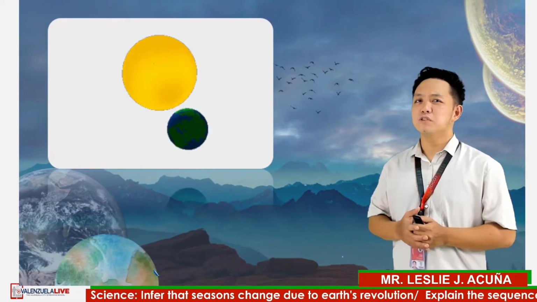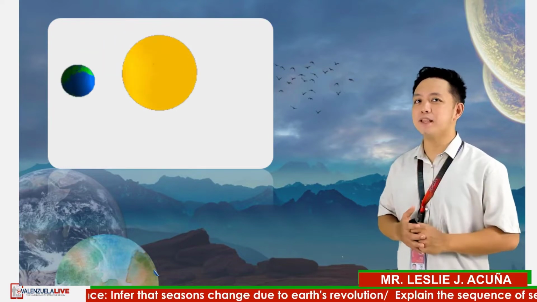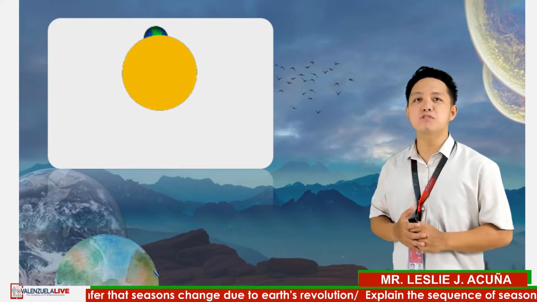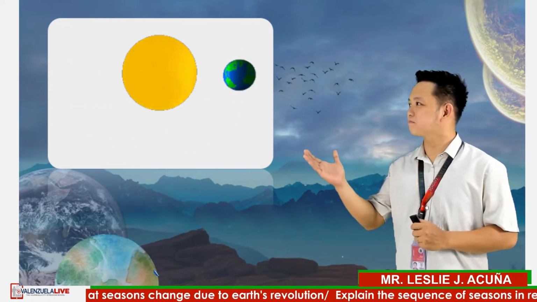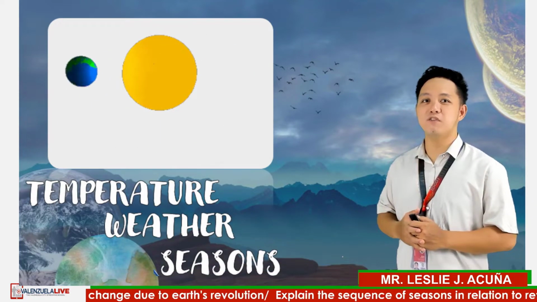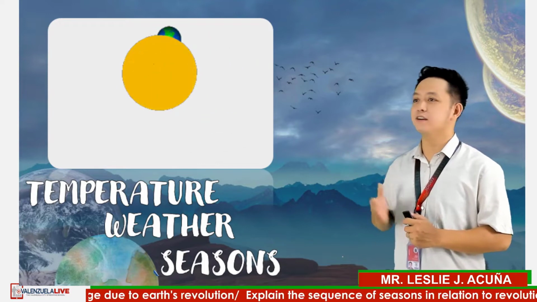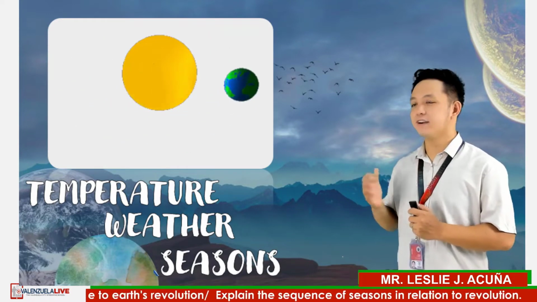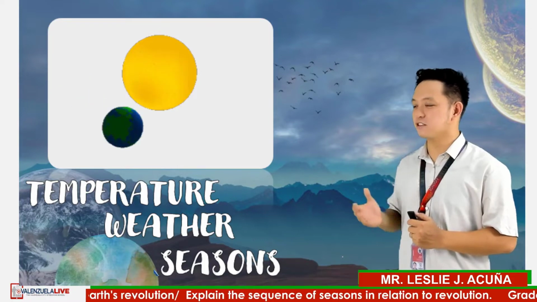So, what do you think will happen when the Earth moves around the sun? You're right. We will experience variation in temperature, weather, and seasons.